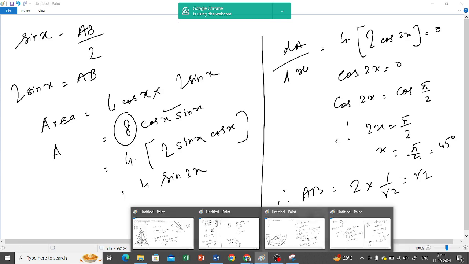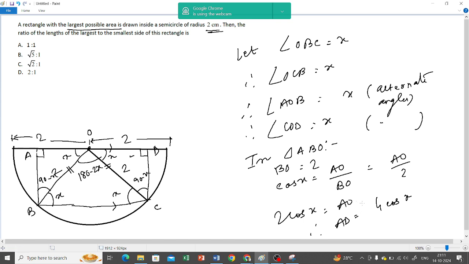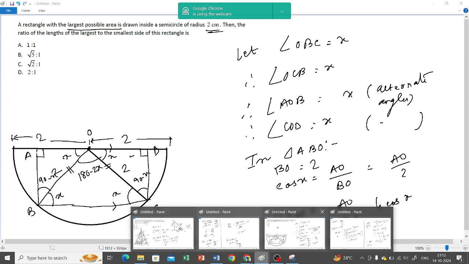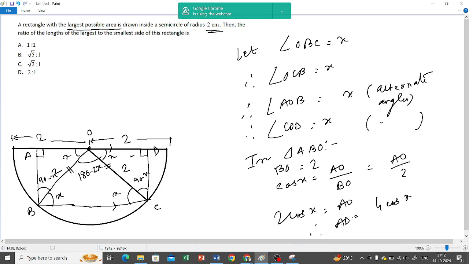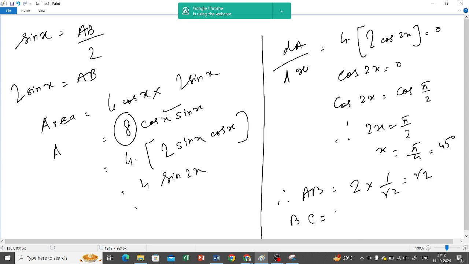Now what is BC? BC টা হচ্ছে equals to AD. So that will be equals to 4 cos x. That is pi by 4, so that is 1 by root 2 again. এটাকে এইভাবেই রাখি, কারণ নিচের root 2 আসছে। So that is 4 by root 2.